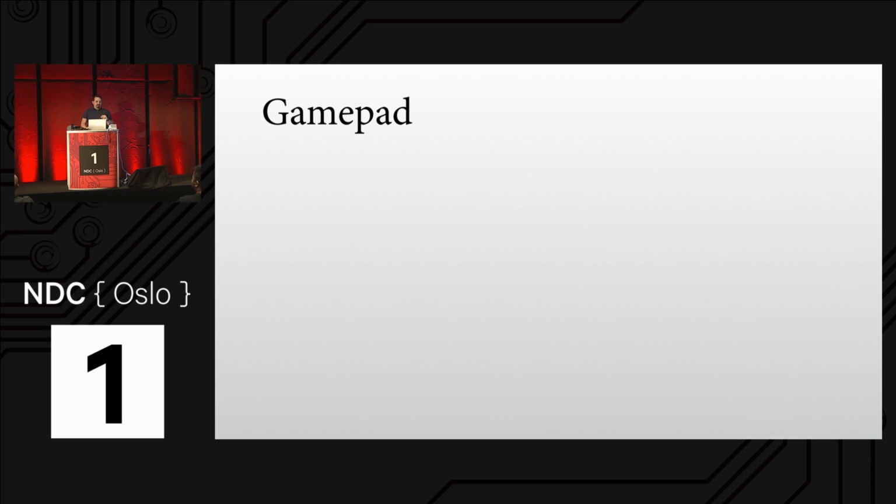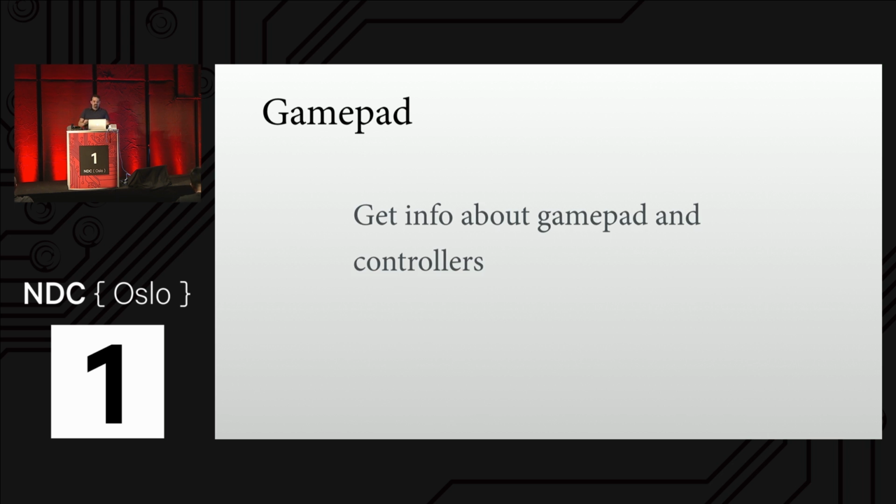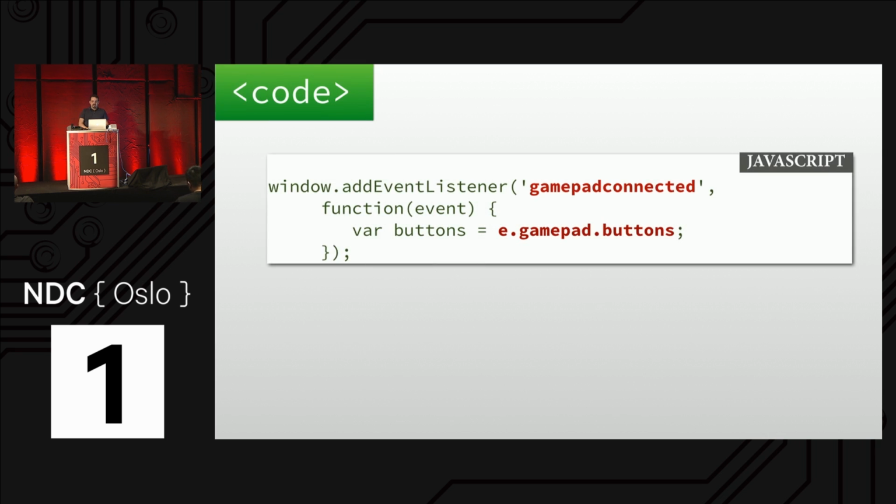Then we have the Gamepad API. And the Gamepad API will give you information about pointers, gamepads, and controllers, okay, on every one of the devices that we have seen before. Basically, you can get an event when a gamepad is connected. Usually it's just a Bluetooth connection.